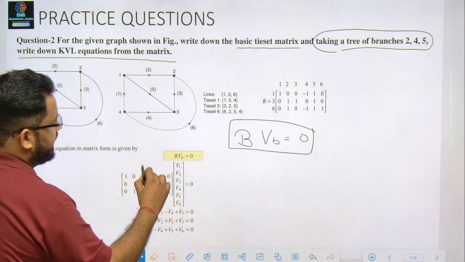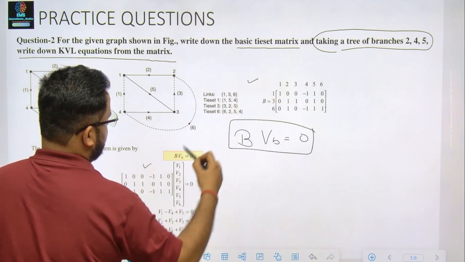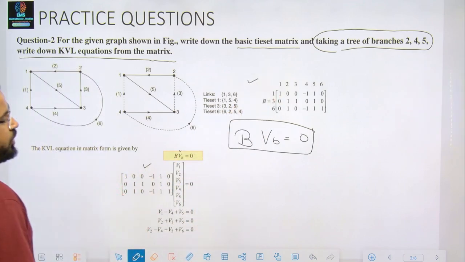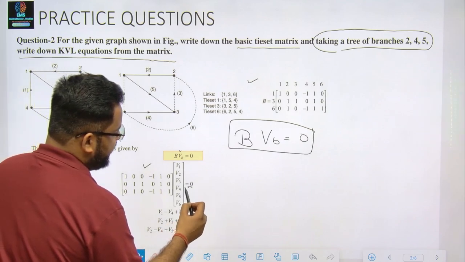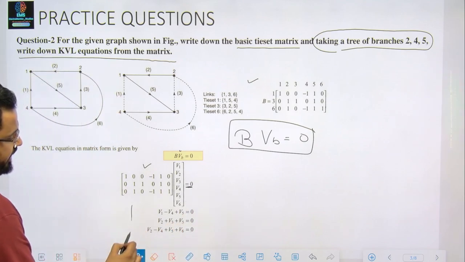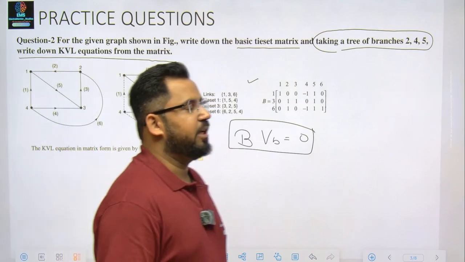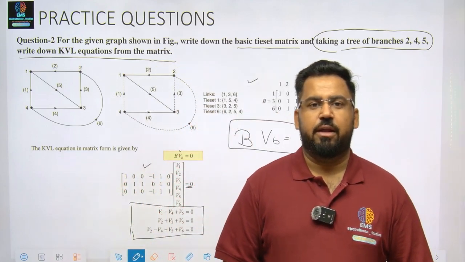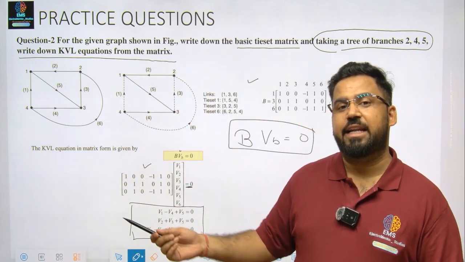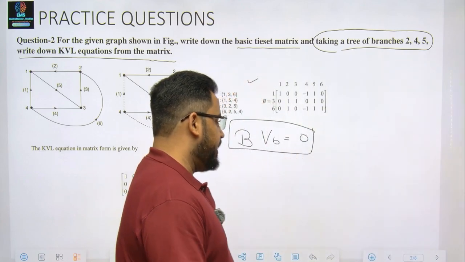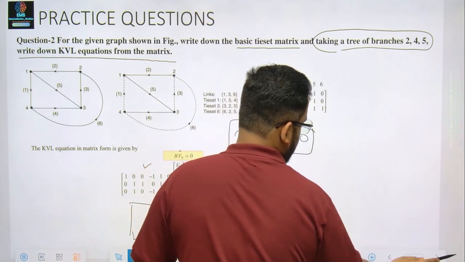We just have to get down the tie set matrix, multiply it by the branch voltages, and equate it to 0. We'll get all the voltage equations in terms of KVL. So this is how we analyze networks with graph theory.